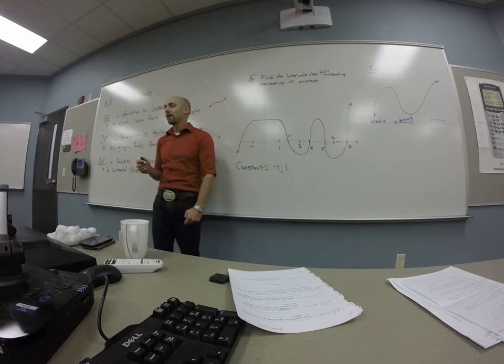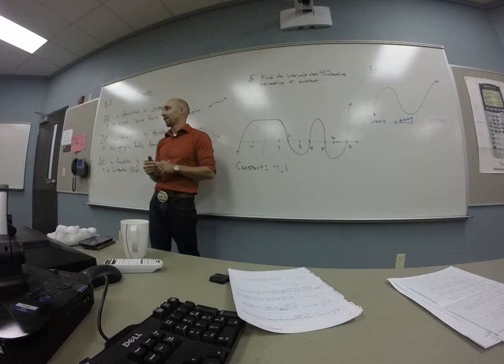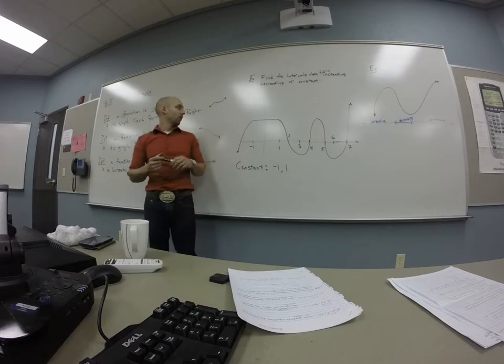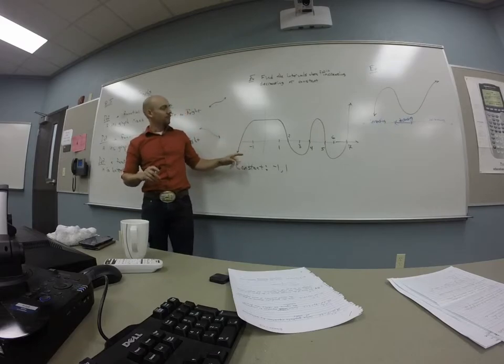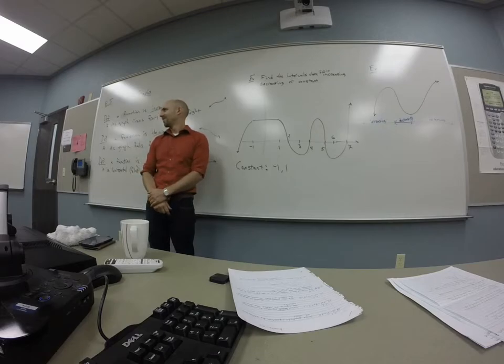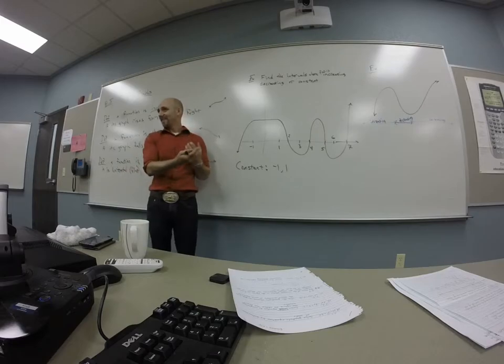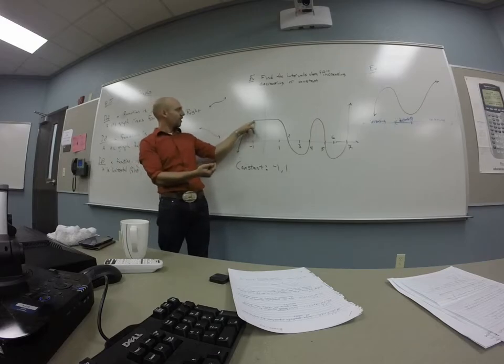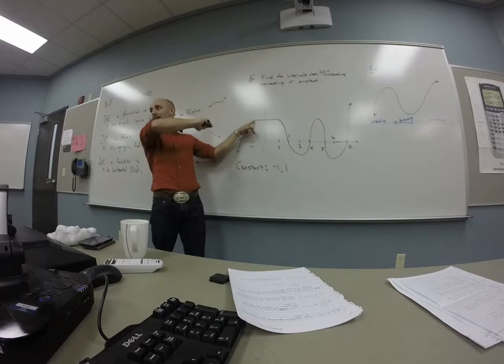Okay, now I need to decide on brackets, right? Okay, so is it flat at negative 1? It's weird, right? It's flat on the right-hand side and it's not flat on the left.